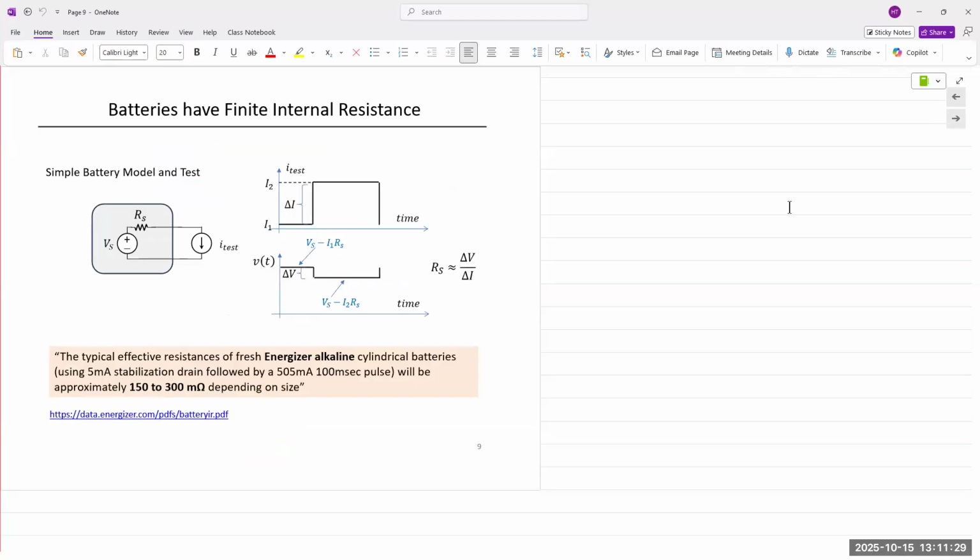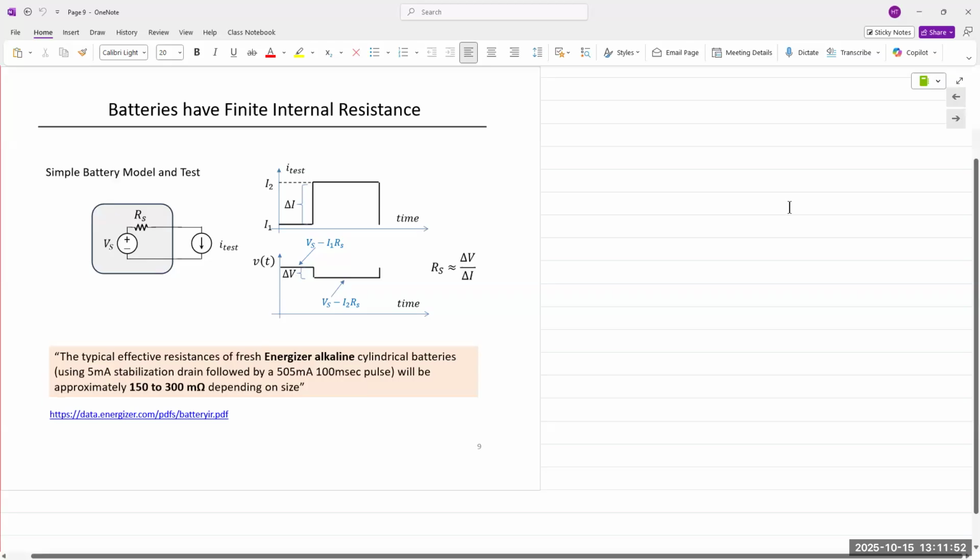In simple terms, we can also state that the electrochemical reactions that take place will have a finite rate. So the batteries have some chemicals inside, and the chemical reactions that occur in there have a finite rate, and that could result in a resistance.